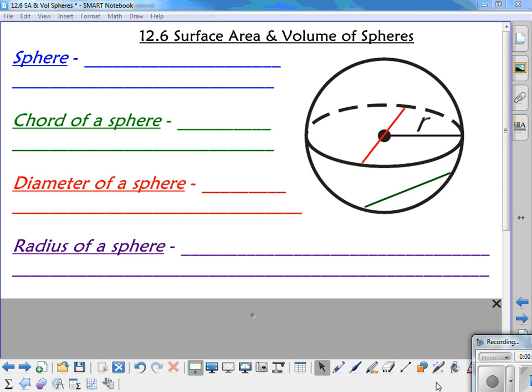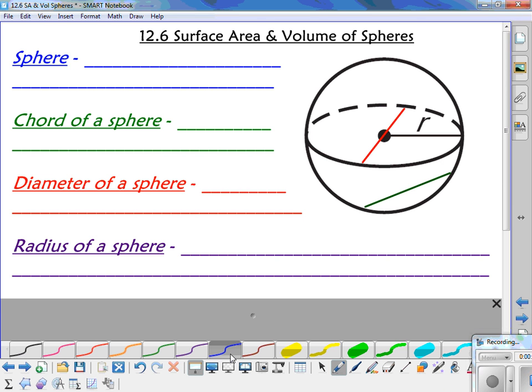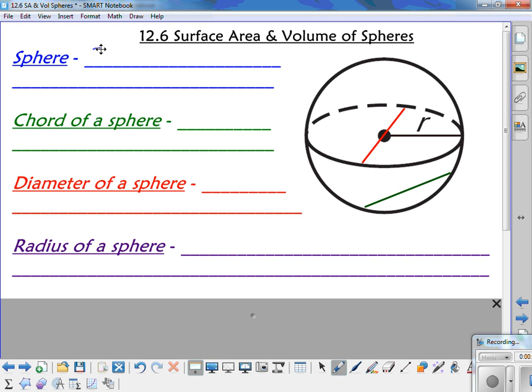The lesson objective for this video: students will find the surface area and volume for spheres. So first of all, some vocabulary. What is a sphere? A sphere is the set of all points equidistant from a given point.